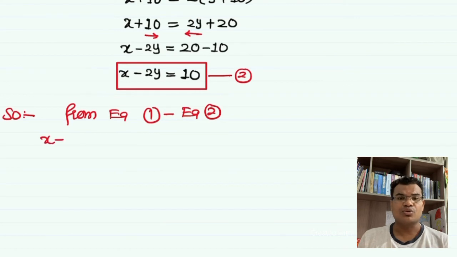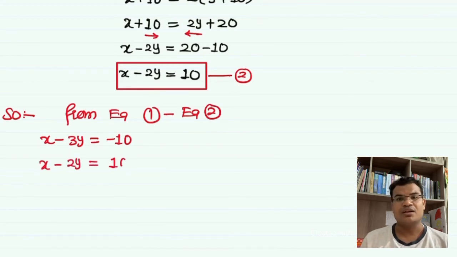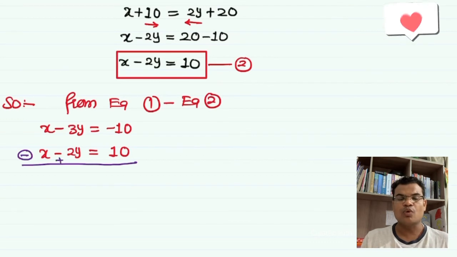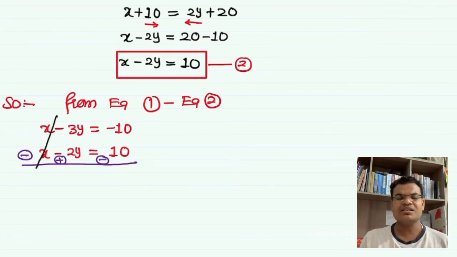So x minus 3y equals minus 10, and the second equation, x minus 2y equals 10. After subtracting, you have to change the sign. So x will be minus x, 2y will be plus 2y, and minus 10. So x will be cancelled, as plus x and minus x cancel. Minus 3y and plus 2y.